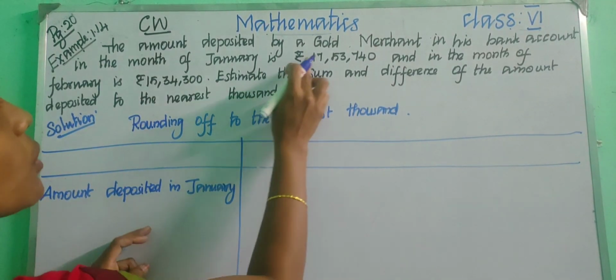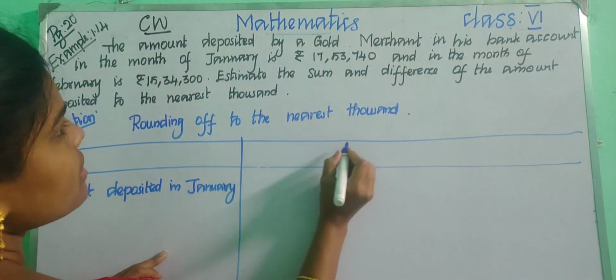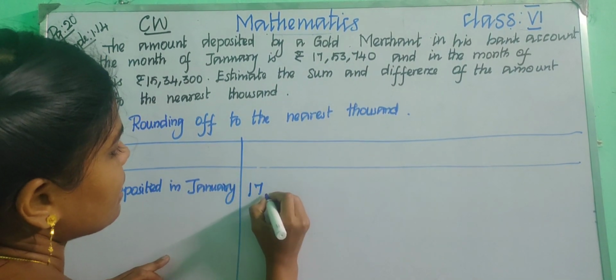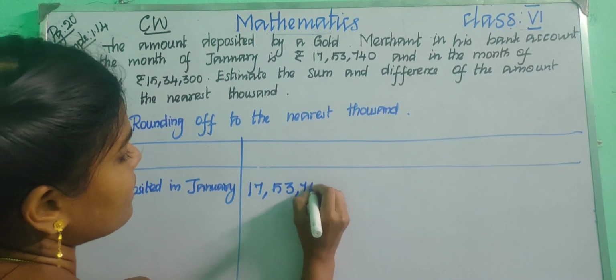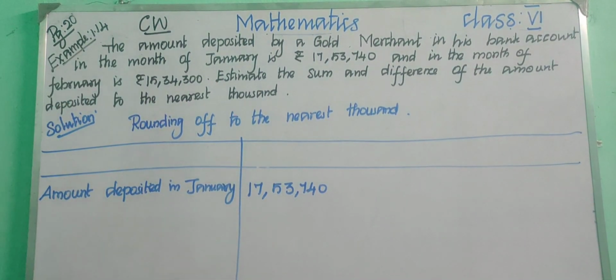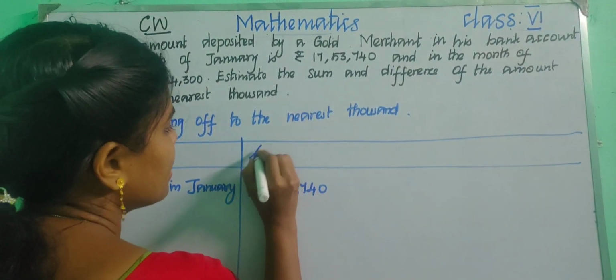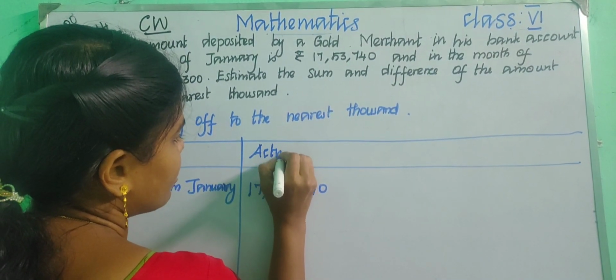So what is the amount deposited in January? Rupees 17 lakhs 53,740. Okay children, the amount deposited in January is 17 lakhs 53,740. It is the actual amount. Write the heading as actual amount.